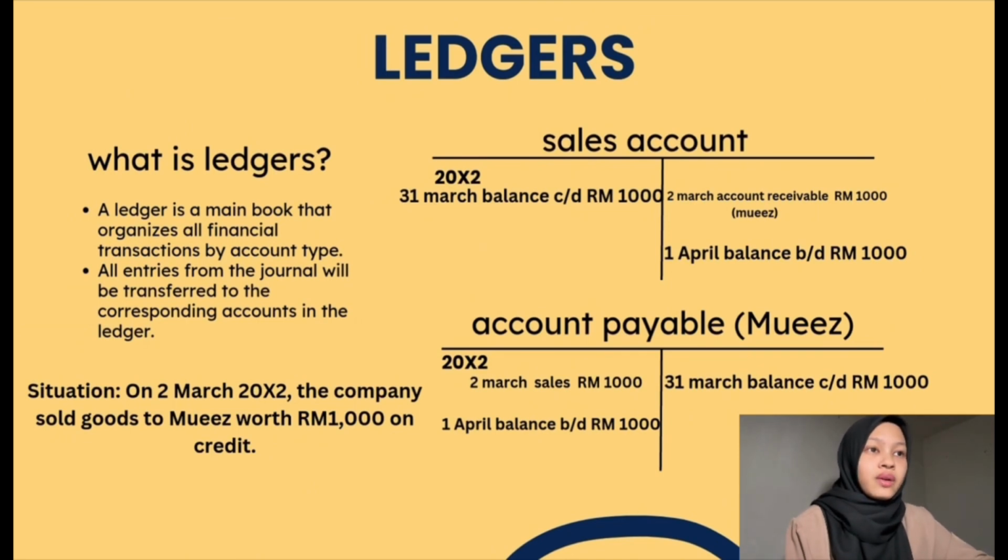The account we open is the accounts payable account, because we owe the supplier. So the supplier's account is accounts payable. Then for the company's sales, revenue increases because they sell goods. So revenue is the credit and accounts receivable is the debit.